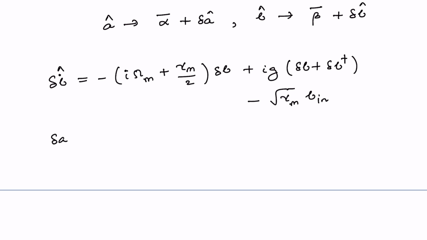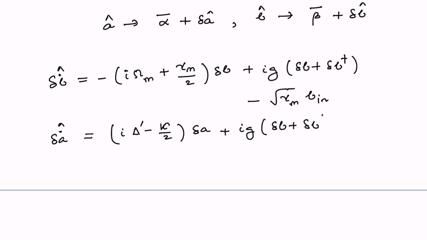And then δȧ is the usual one you are going to get, that would be iΔ'δa − κ/2 δa + ig(δb + δb†) − √κ a_in.